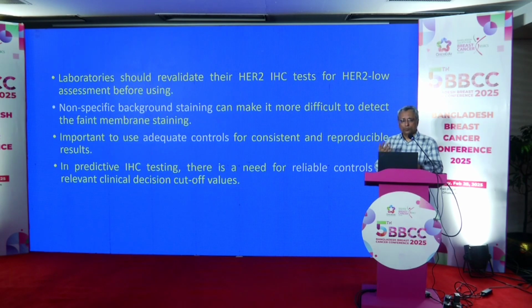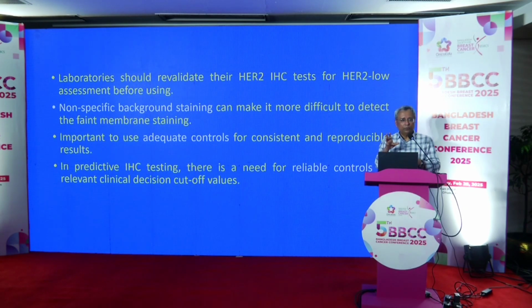So what to do now? You should look at all the HER2 negative cases that were interpreted over the last several years, and score them to see how many of those could now be interpreted as HER2 low or HER2 ultra low. That will give you something to do as a new project.